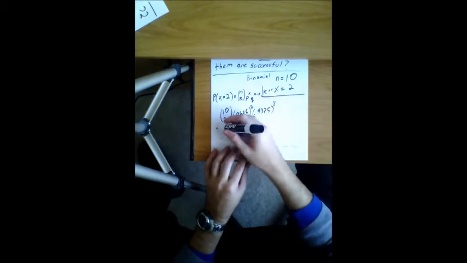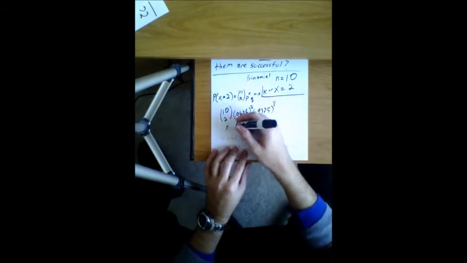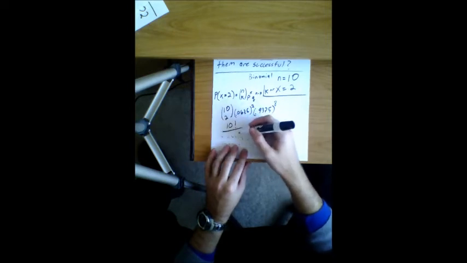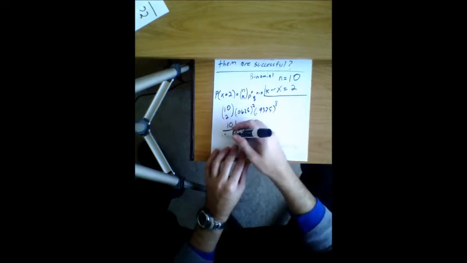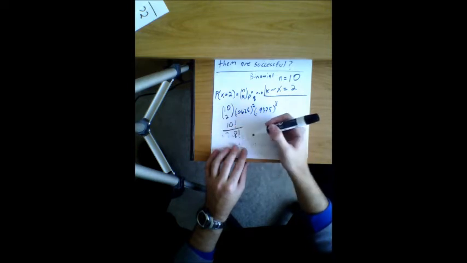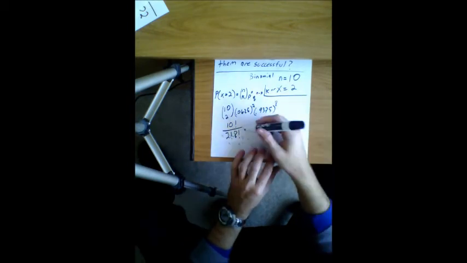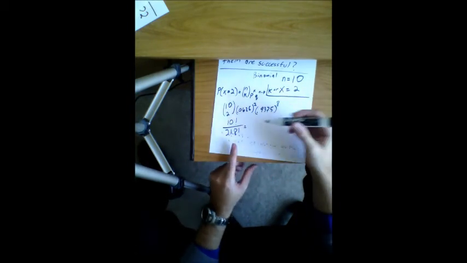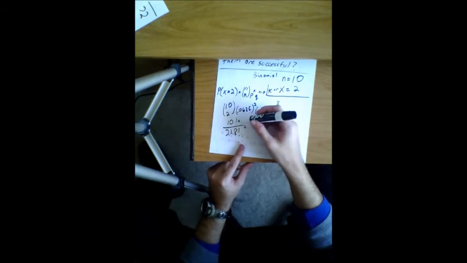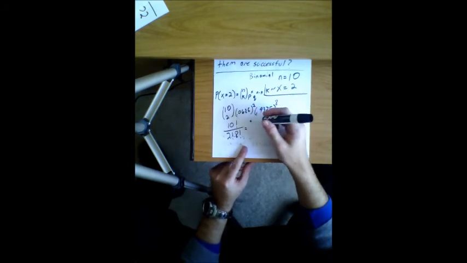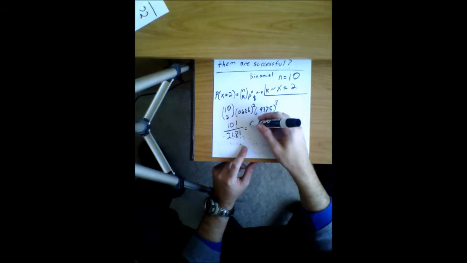Once we go through the process, we see that this is 10 factorial over 10 minus 2 factorial, which is 8 factorial, times 2 factorial. We can do a little bit of cancellation. Remember, this is 10 times 9 times 8 times 7 times 6 times 5 times 4.